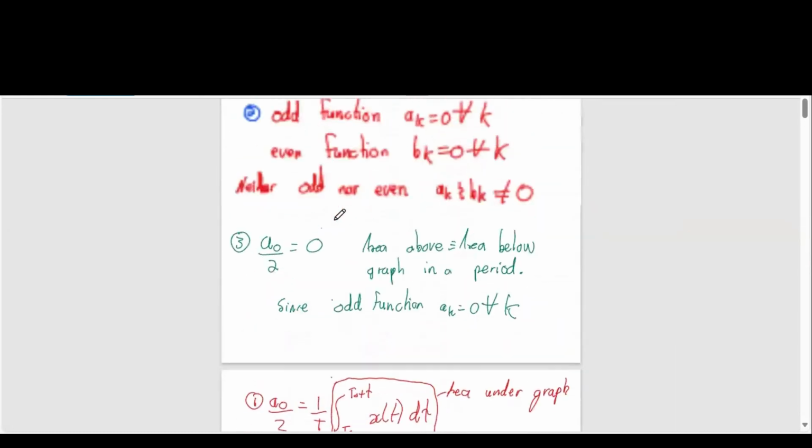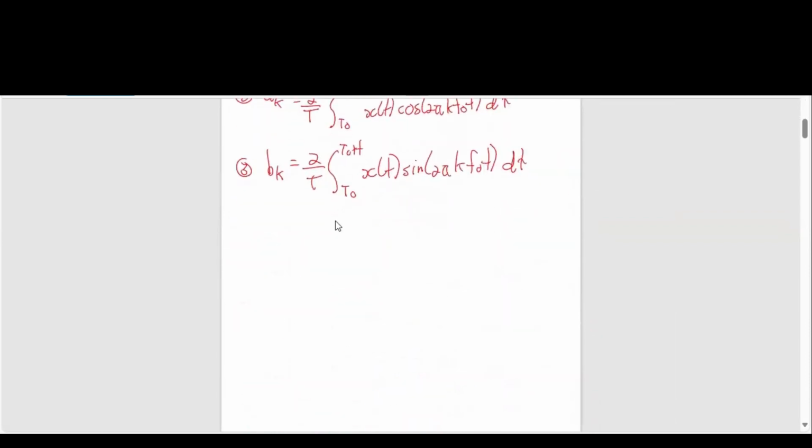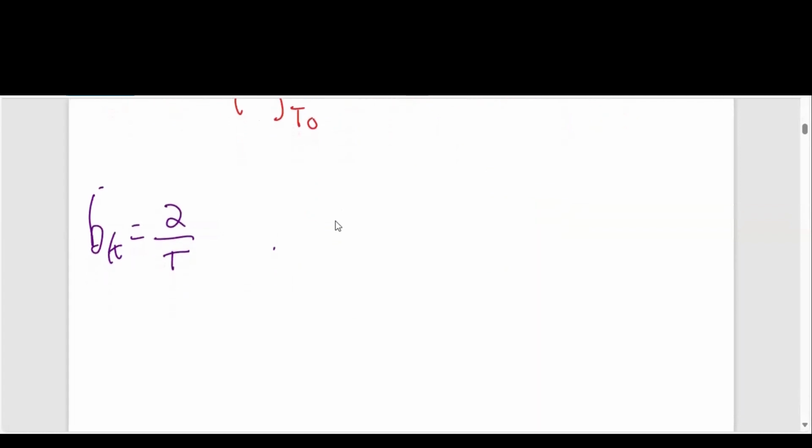All right, so let's do this one. In this case, our function is odd, so we have to calculate bk. So bk is 2 on T. I'll need space for this for sure, so I don't need to write so big. I'll write small in the next line. So 2 on T integral from minus T on 2 to T on 2.